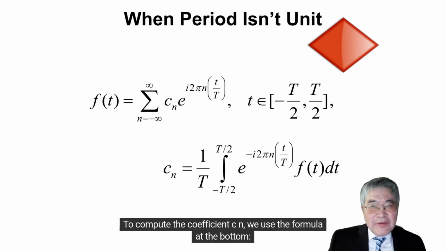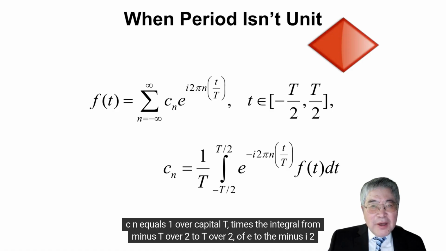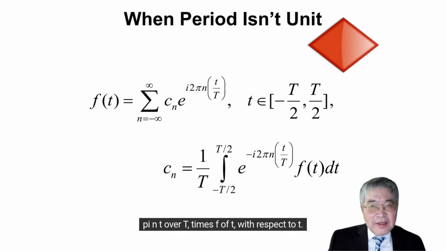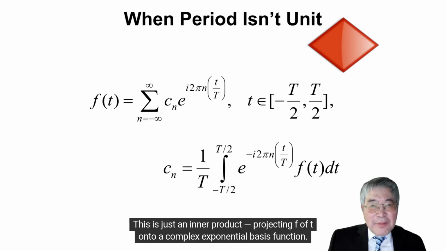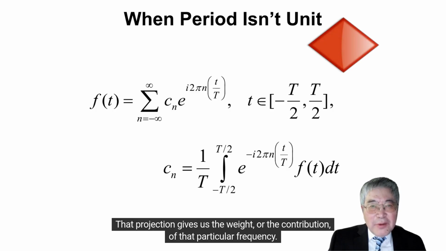To compute the coefficient Cn, we use the formula at the bottom. Cn equals 1 over capital T times the integral from minus T over 2 to T over 2 of e to the minus i 2 pi n t over T times f of t with respect to t. This is just an inner product, projecting f of t onto a complex exponential basis function. That projection gives us the weight or the contribution of that particular frequency.